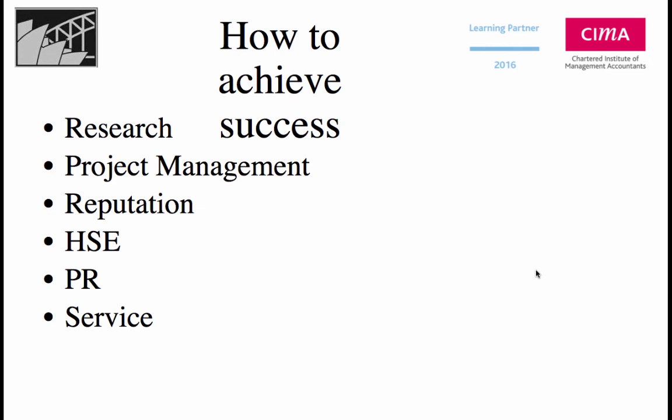Basically, we look at how to achieve success. We're looking at research, project management, the reputation, health, safety, environment, the public, the PR, and the service as well. These are areas in order.